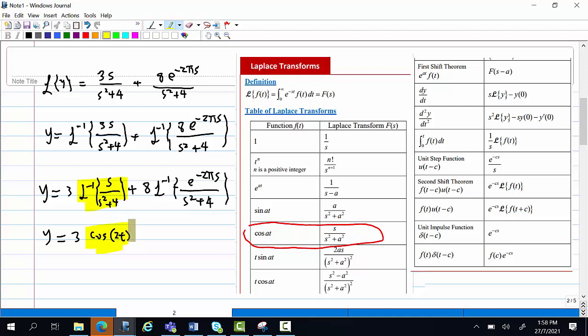Now, for the second term, we are going to use the second shift theorem, which we are going to explore a little bit, since this is a bit new to you.